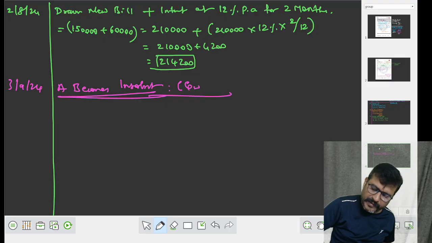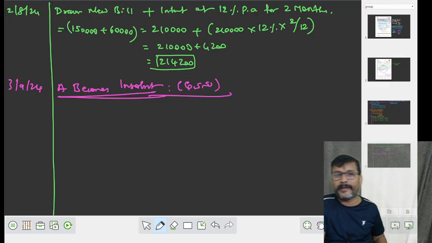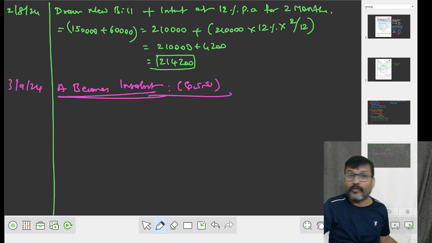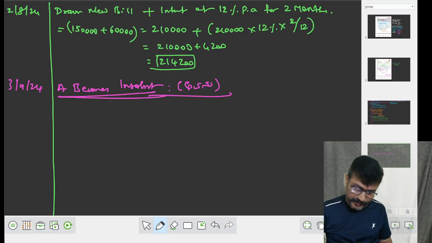A means Avanu. Be careful, my dear student. He is insolvent. When he is insolvent, क्या करना अब?